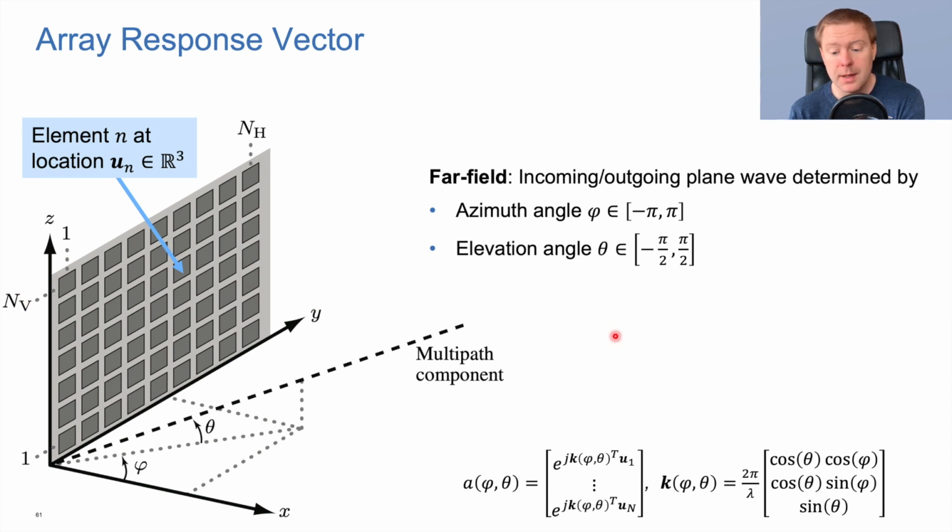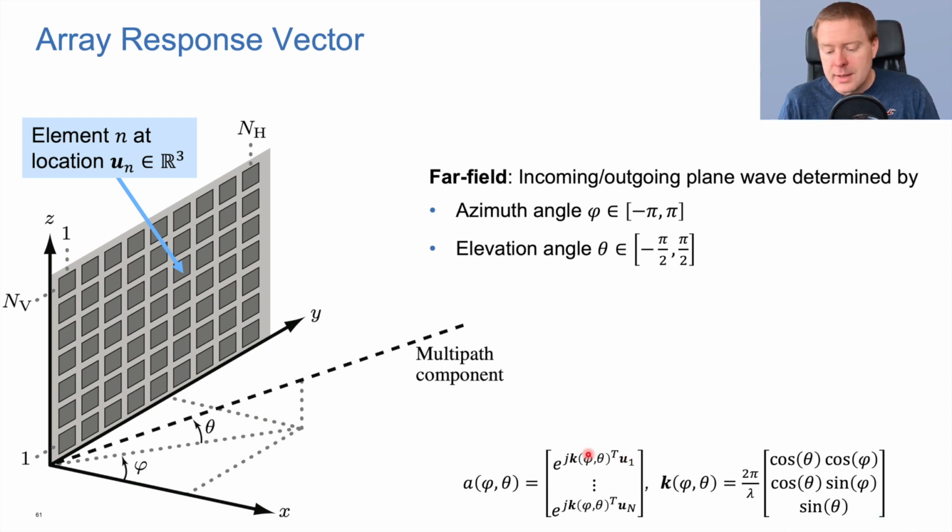And the way of computing the signal phase shift at a particular location here is to take its location and take an inner product with something known as the wave vector, which is determined by 2 pi divided by lambda. And then we have this transformation here that comes from how we transform XYZ coordinates to spherical coordinates.